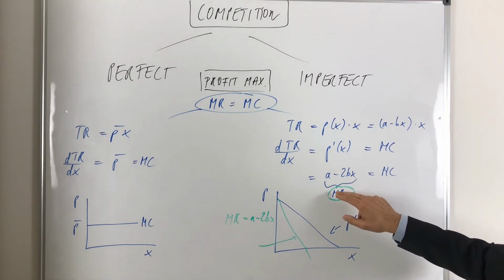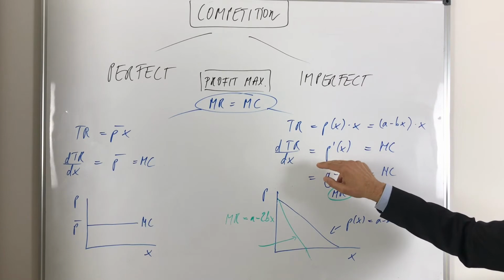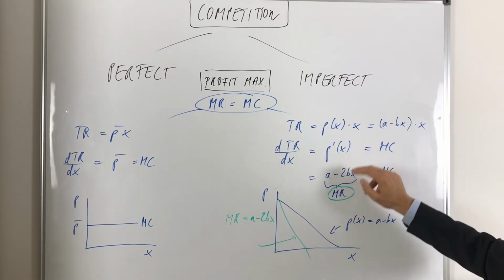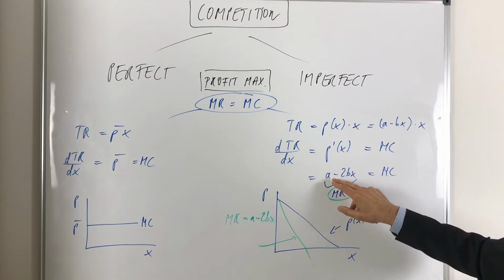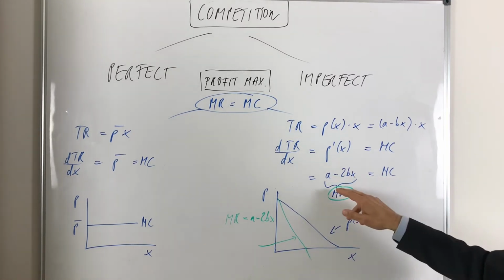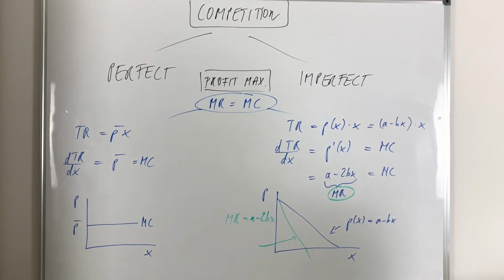And if we now derive the total revenue function with respect to x, then this yields a minus 2bx, which is the marginal revenue, and the marginal revenue equals marginal cost in case of profit maximization, right?